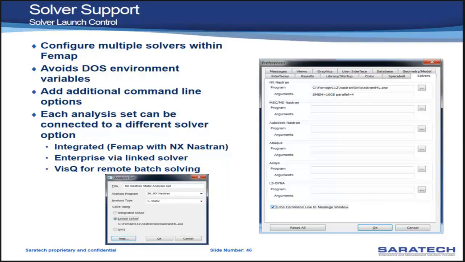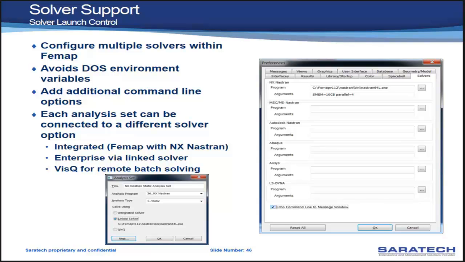Some new additions in the solver launch control. This is in File, Preferences, Solver, and this is where you configure your Femap to be able to run multiple solvers. Prior to 11.3, we would have to tell customers to change their environment variables, and basically the development team just decided to include it in Femap, so it's a little bit easier for our customers to get to.